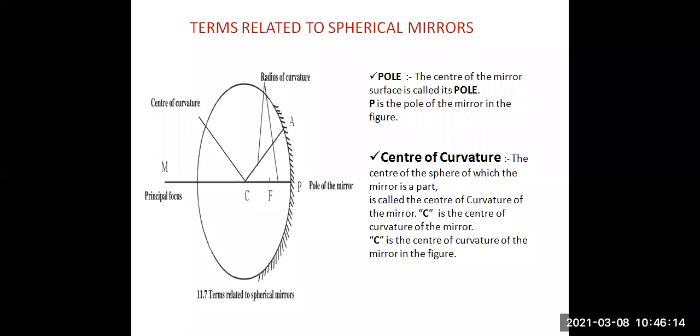Center of curvature: the center of the sphere of which the mirror is a part is called the center of curvature of the mirror. It is denoted by capital C. You can find the capital C is the center of the sphere. C is the center of curvature of the mirror.